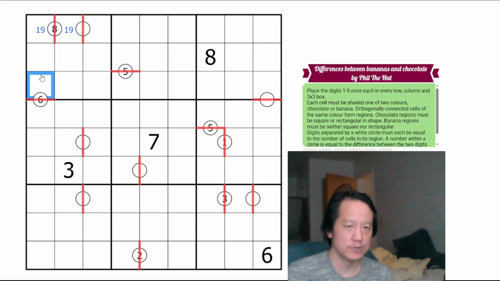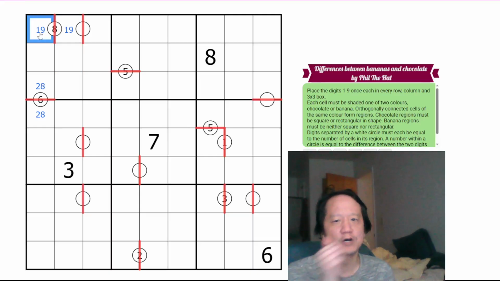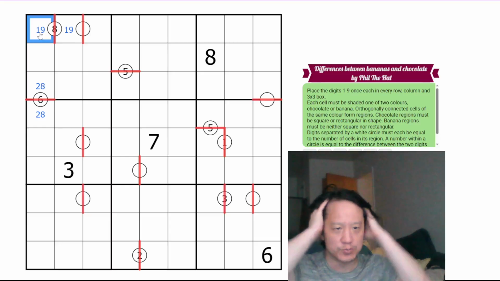So you could have 2 here with a difference of 8, or 8 with a difference of 2. I think that's the only possibilities, right? So the 1 here is basically going to be just a 1 by itself. The 9 has to go out and then occupy 9 cells. So the 9 has to be a banana. The 1 has to be a chocolate because the 1 is a square shape of just 1 cell.